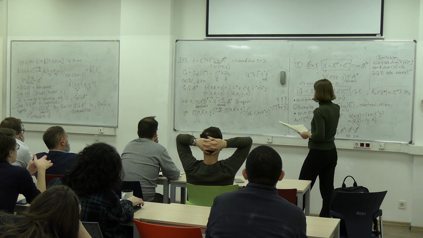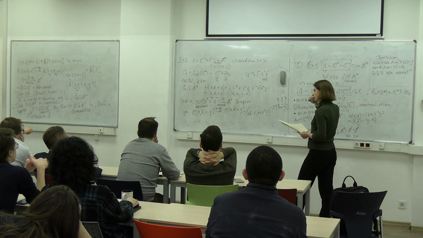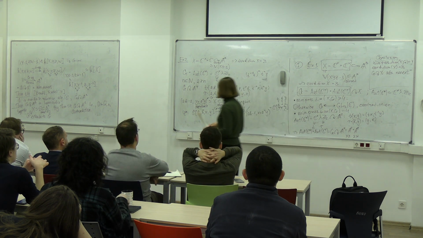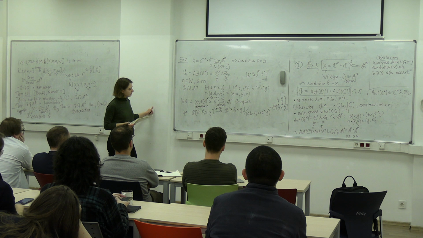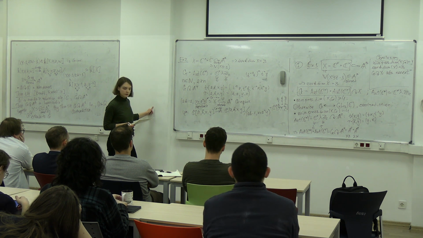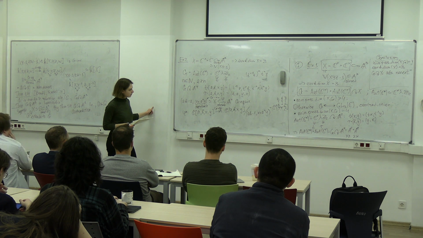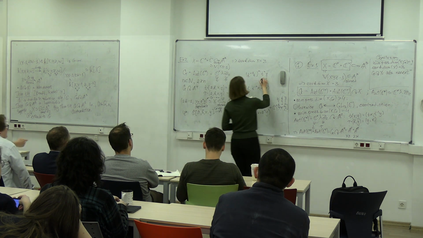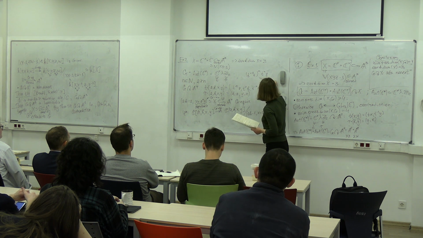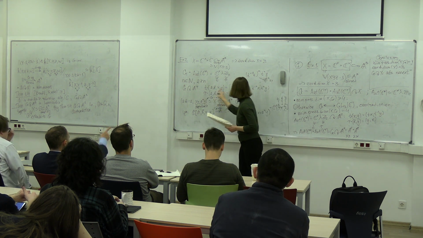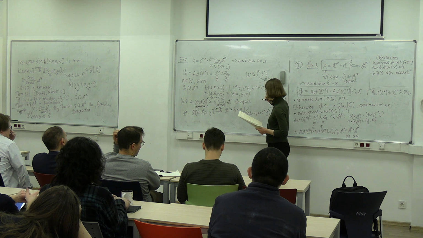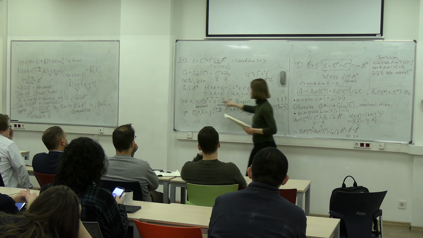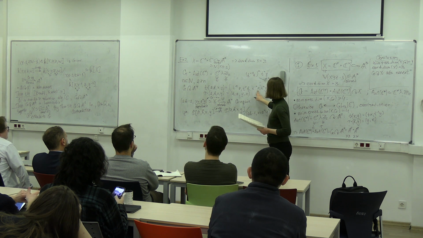Maybe it can be expressed as a polynomial of these two initial polynomials. No, it's okay. This is multiplied by t to the power minus n, and x is also multiplied by t to the power minus n. That's okay. Yes, this is t to the minus n times a to the power n y.